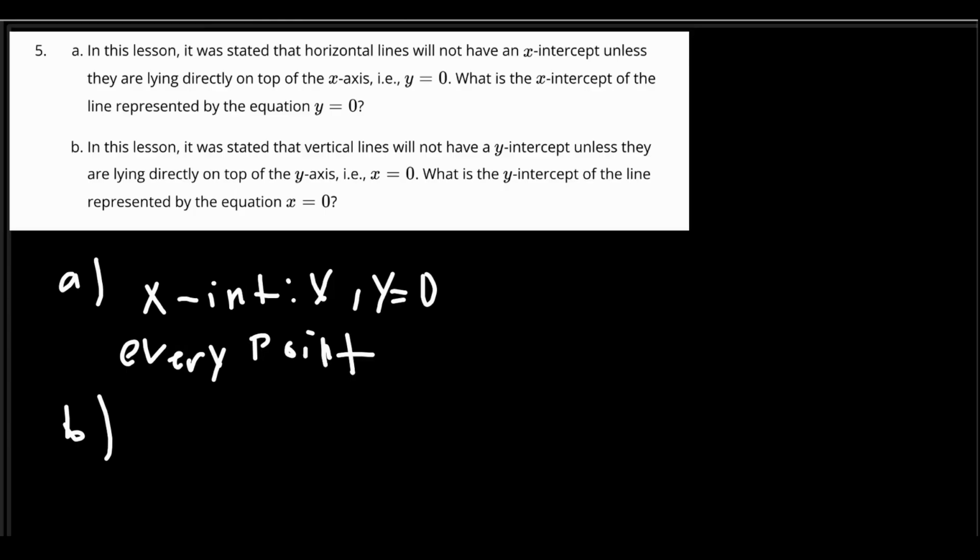Okay, so for this question, we can do what we did for the last question. We defined what the x-intercept is, so let's just define what the y-intercept is. The y-intercept is the point at which the line crosses the y-axis, or just what y is when x is 0.